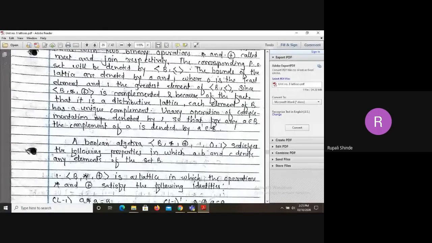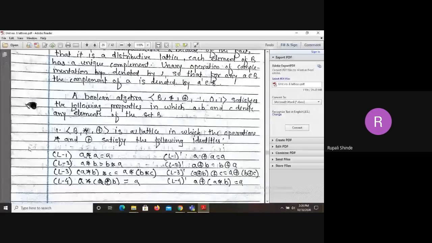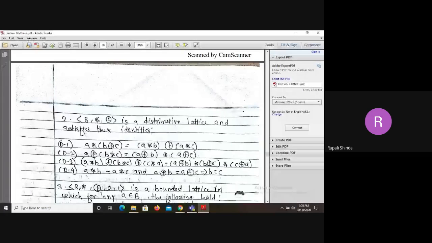So I will tell you how to remember all these properties. Just remember the definition of Boolean algebra. A Boolean algebra is complemented, distributive, bounded lattice. Three words are important: complemented, distributive, bounded, lattice. First part, Boolean algebra is lattice, that's why we have taken all the properties of lattices here. Second part, it is a distributive lattice, so we have added all the properties of distributive lattice.